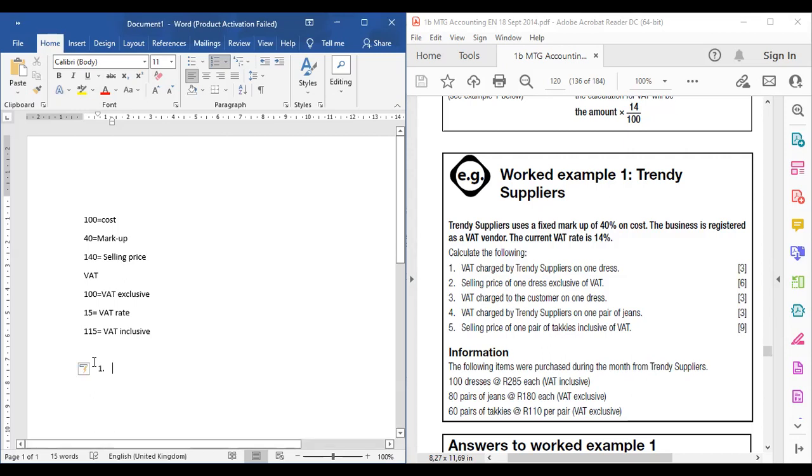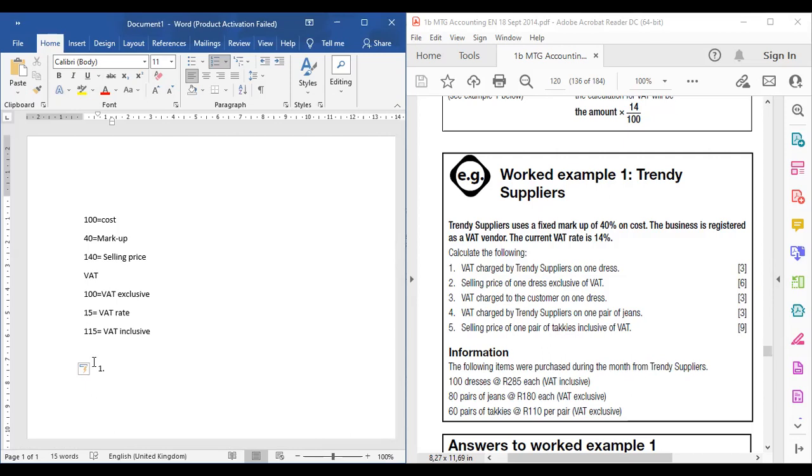And then we have the information: the following items were purchased during the month from trendy suppliers. 100 dresses at 285 each, VAT inclusive. So that amount includes VAT. And then 80 pairs of jeans at 180 each, VAT exclusive. That amount excludes VAT. And then 6 pairs of tickets at 110 per pair, VAT exclusive.